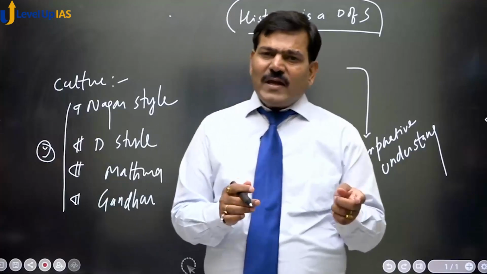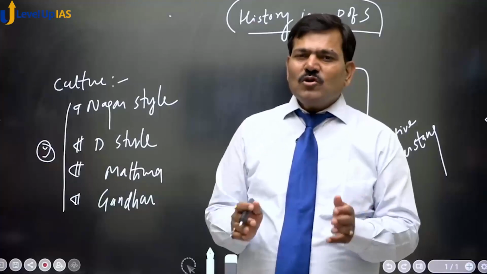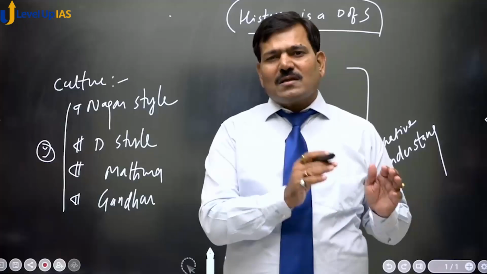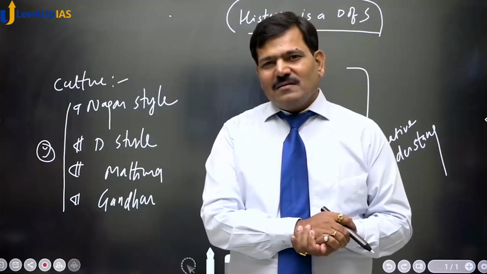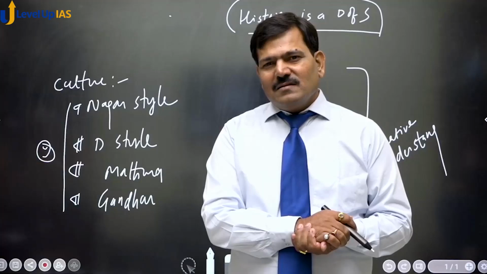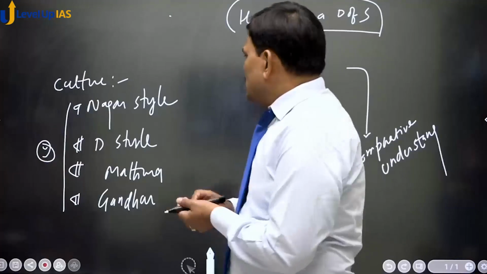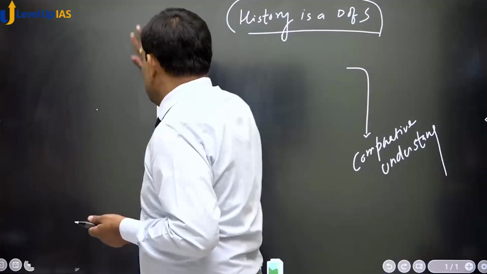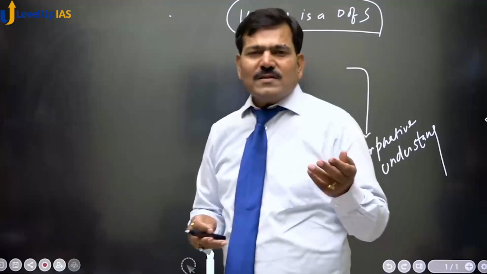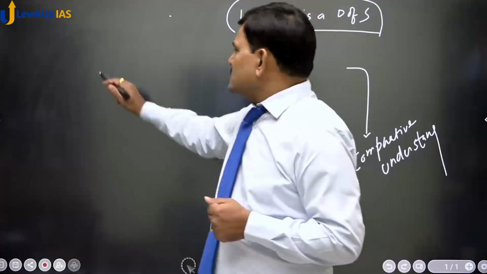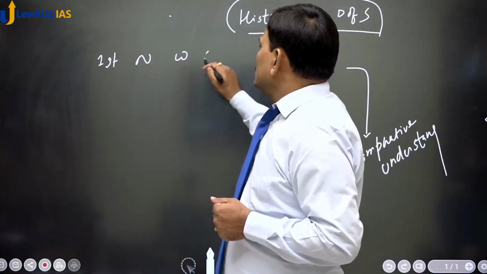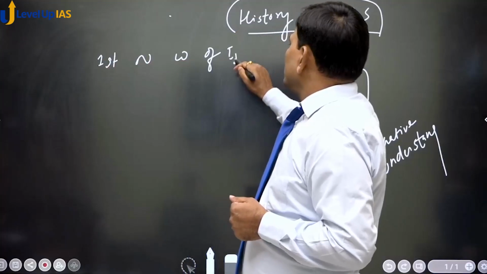Then you can find a few facts, and those few facts are enough to equip you to craft the story. So here I will give you the understanding of the first nationalist war of independence.